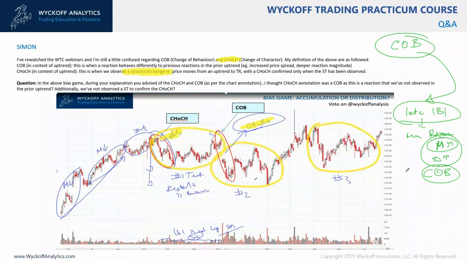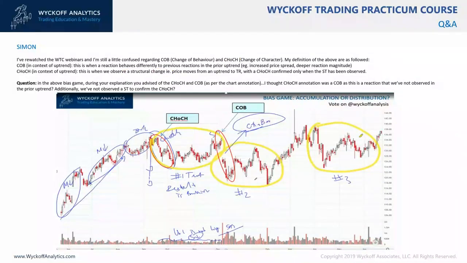The change of character, the concept that was intermittently used with the change of behavior, and there was no really very good determination as to what one is and how they are both different. So change of character was very easy to nail in this sense because change of character suggests that we have different types of characters with which the price moves.